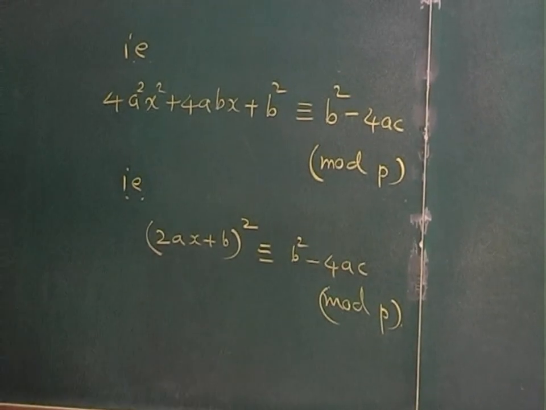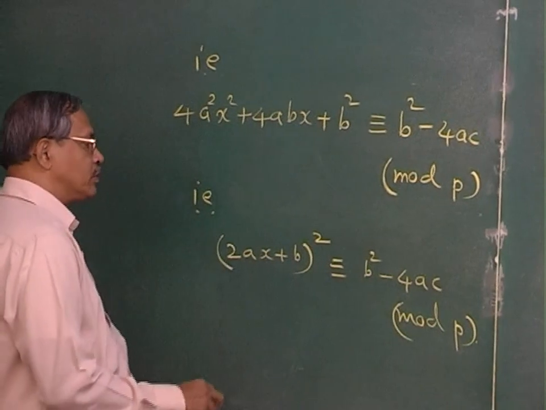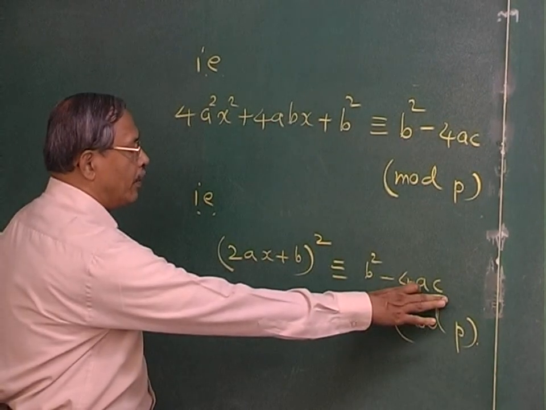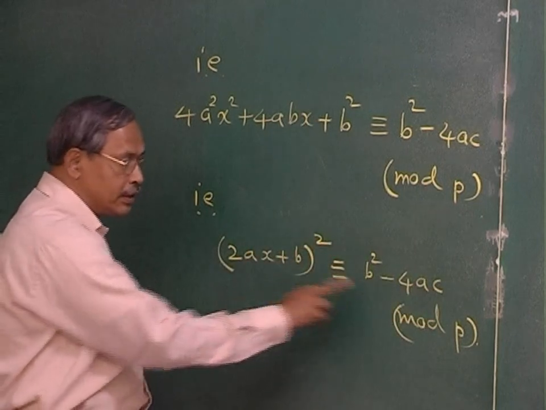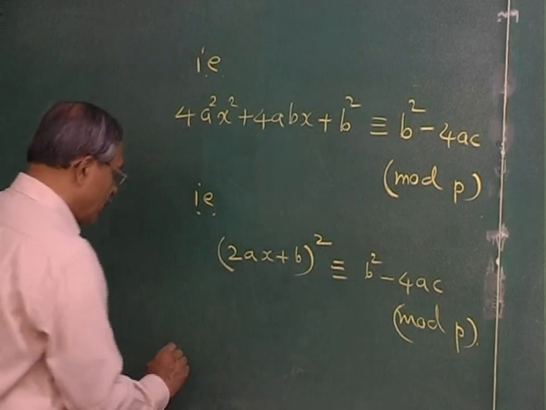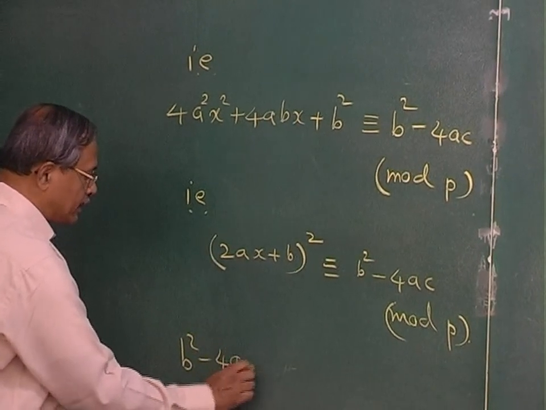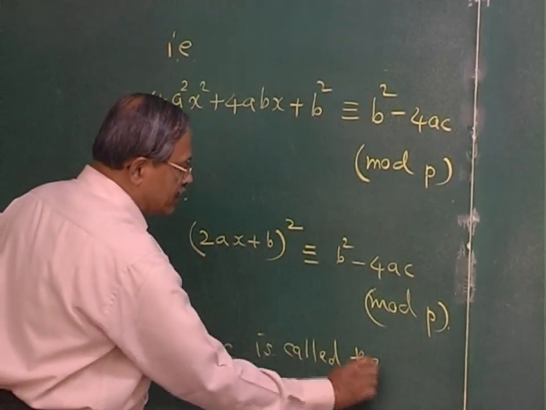Now, if there is a solution to the original congruence, then b square minus 4ac must be the square of something. This is called the discriminant. b square minus 4ac is called the discriminant.